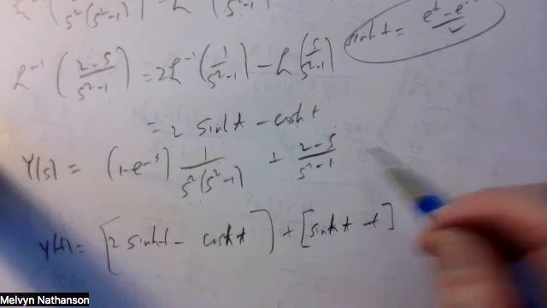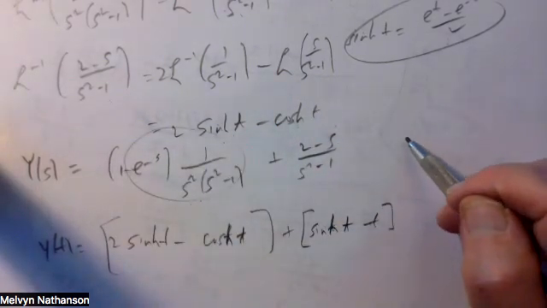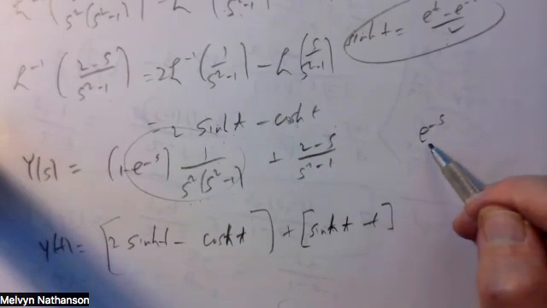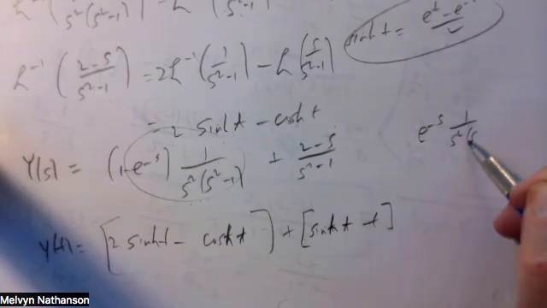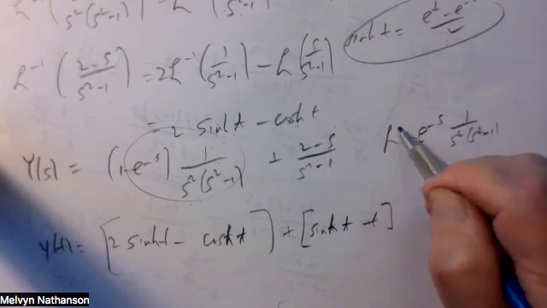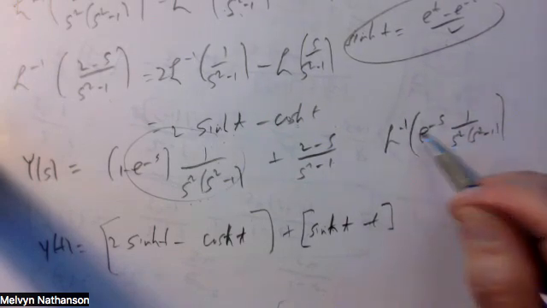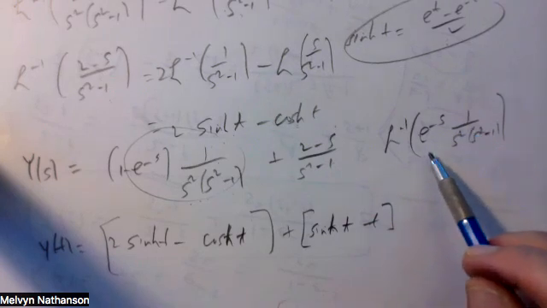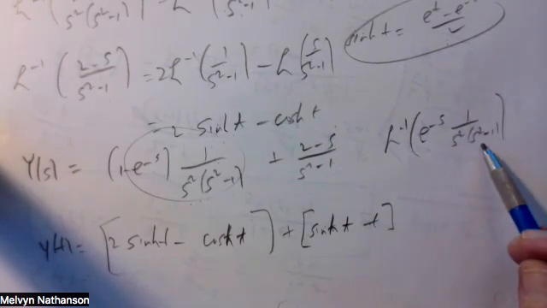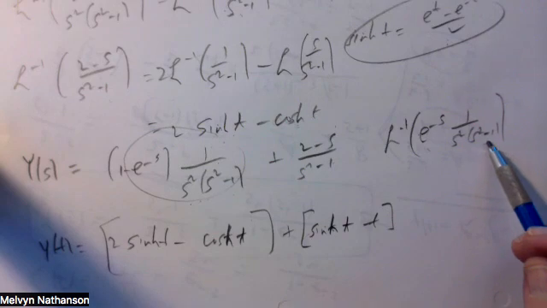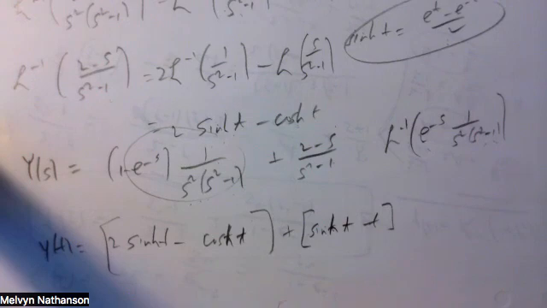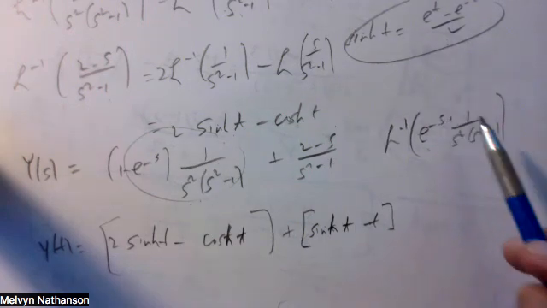And then I have this term, e to the minus s times 1 over s squared times s squared minus 1. And I want the inverse Laplace transform of this. But this is just going to be this function, the inverse Laplace transform of this, translated by 1.